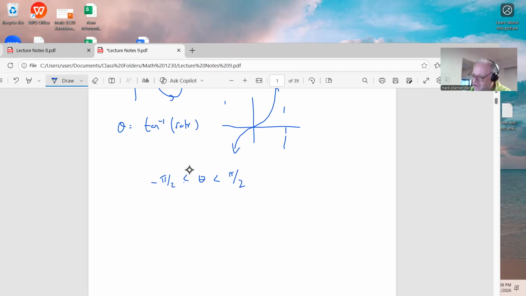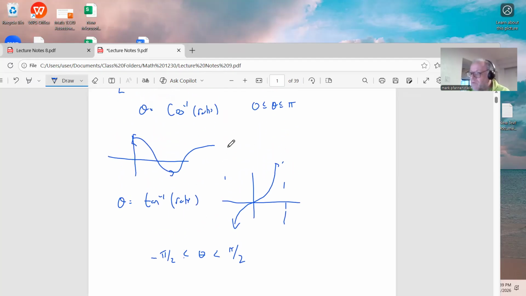The inequality is a strict inequality, so it's greater than, less than, because we don't actually ever get to pi over 2, because that's an asymptote. Whereas the other points are fine. You take cosine of pi, it gives you -1. Inverse cosine of -1 will spit you back pi.